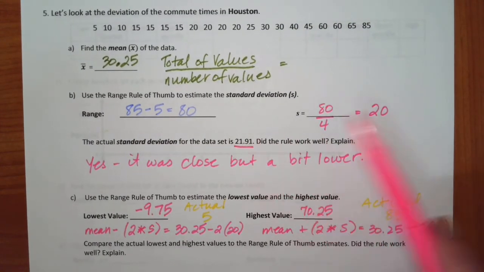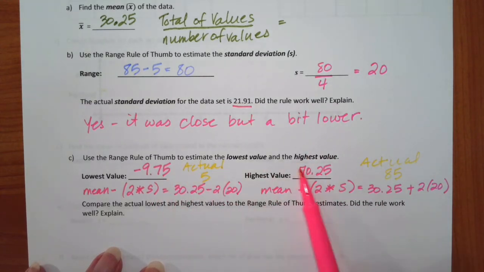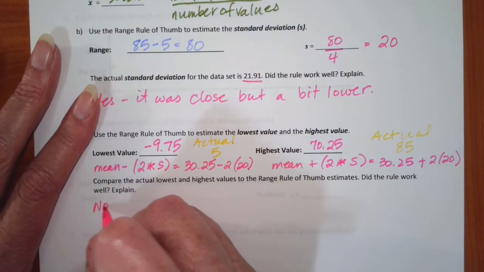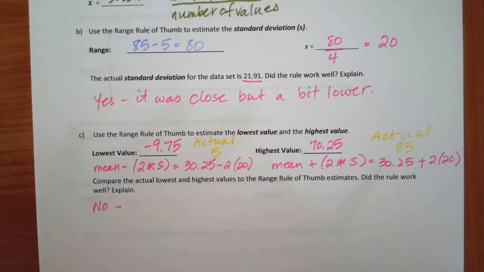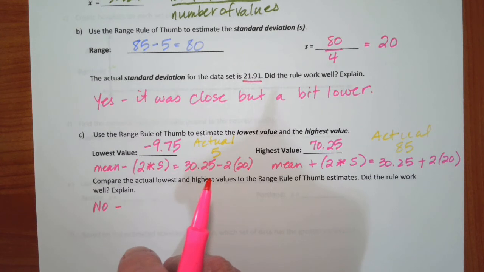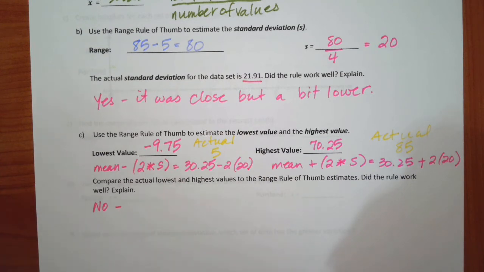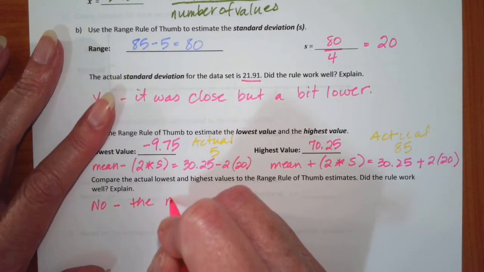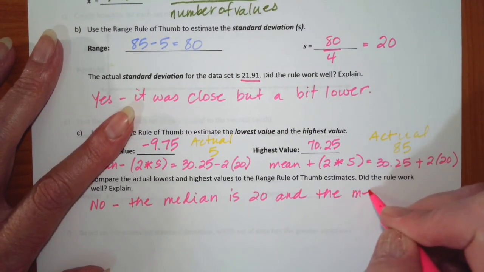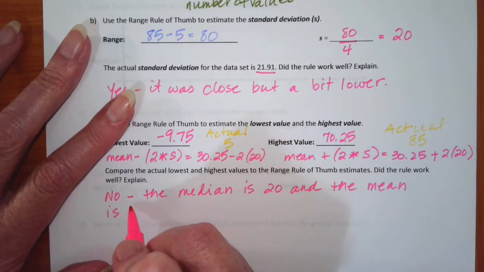Okay, now, the standard deviation estimate was not too far off. But notice these are way off. So compare the actual lowest and highest to these. Did the rule work well? No. And here is why. If we go back in and look at our data, the median is 20 and the mean is 30.25.